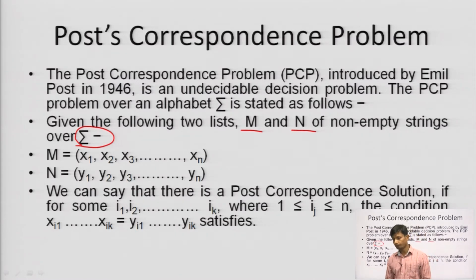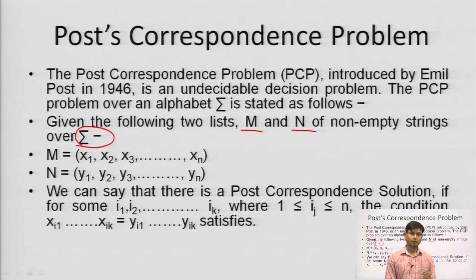Let us go to the problem. See carefully what we have written. We have taken an M list, where x1, x2, x3, xn are strings, and another N list, where y1, y2, y3, yn are strings.